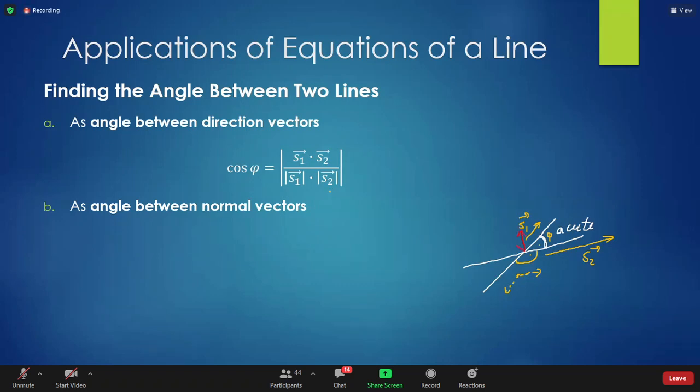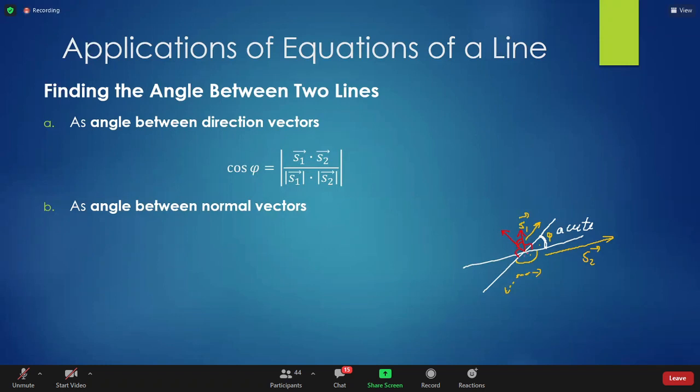The angle between the normal vectors is the same as the angle between the two lines, because the normal vector is, we could say, the direction vector rotated 90 degrees. And if we rotate both direction vectors 90 degrees, then the angle between them stays the same. Again, the same thing as with the direction vectors.